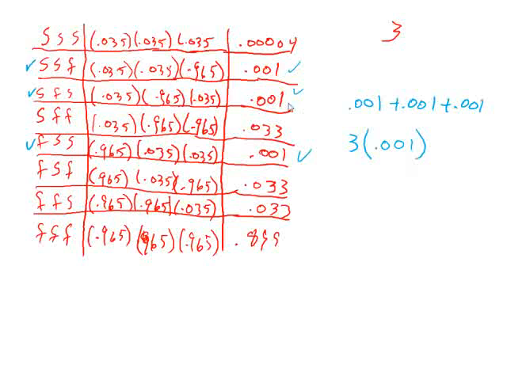So far, so good? But now let's go backwards and take a look. Would you also agree with me that this is 3 times, and if I come over here and take a look at these, notice that I have 0.035 times 0.035 times 0.965. So in other words, I could write that this is 0.035 times 0.035 times 0.965.